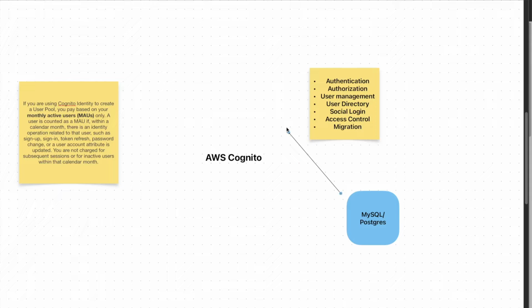If you're moving your authentication system from MySQL to Cognito, then this migration part will be helpful, and we do this with the help of Lambda functions. Lambda sits in between Cognito and MySQL, and we will look at how to generate various triggers that are provided by the Cognito service.